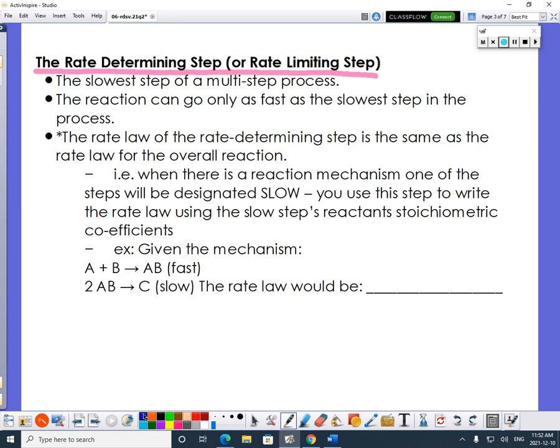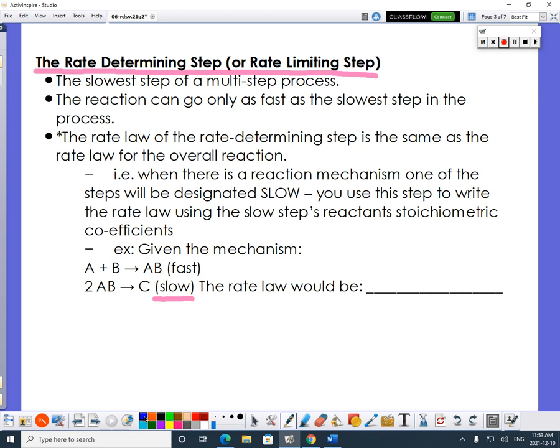So if you had 4 steps, it could be fast, fast, fast, slow, slow, fast, fast, whatever. It's literally going to be labeled slow. So the reaction can only go as fast as the slowest step. Again, the unfortunate analogy, you're only as strong as your weakest link.